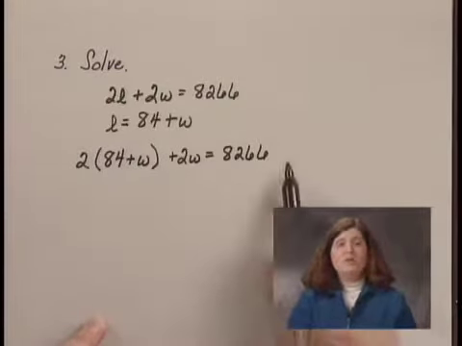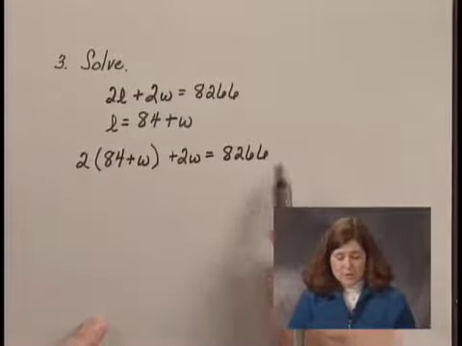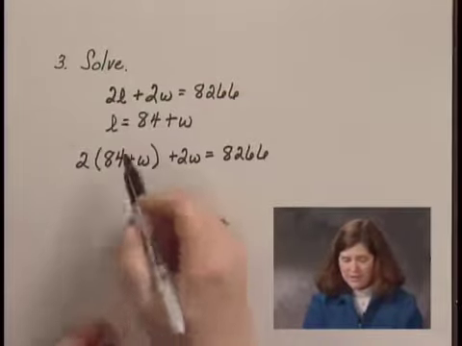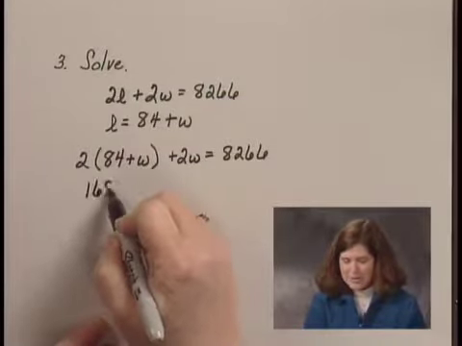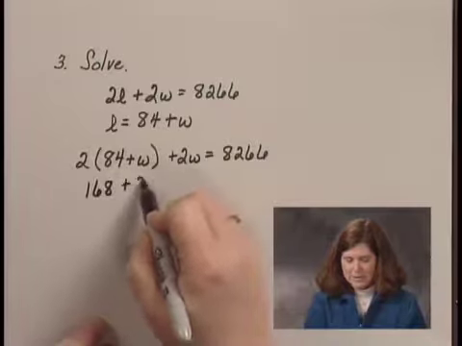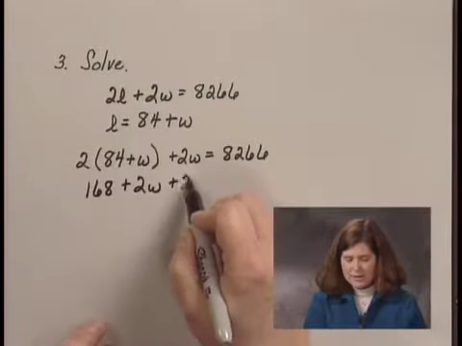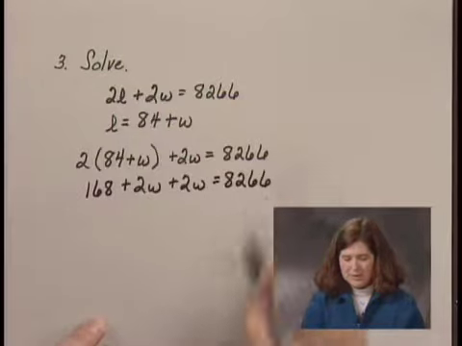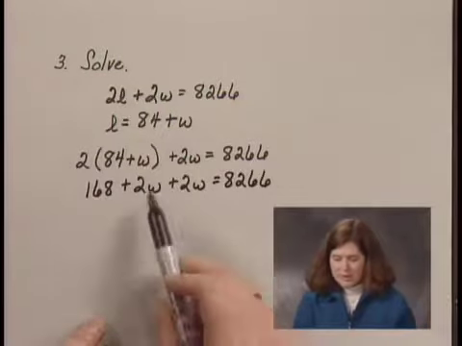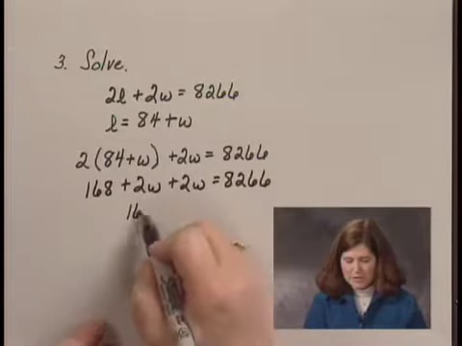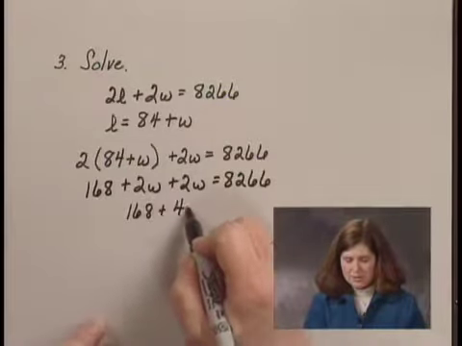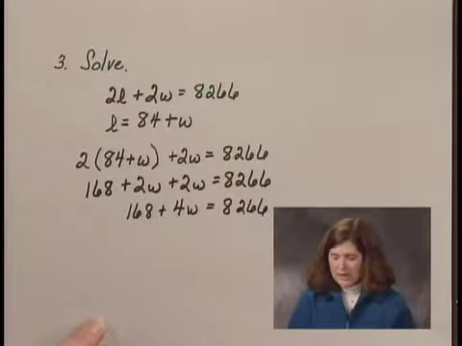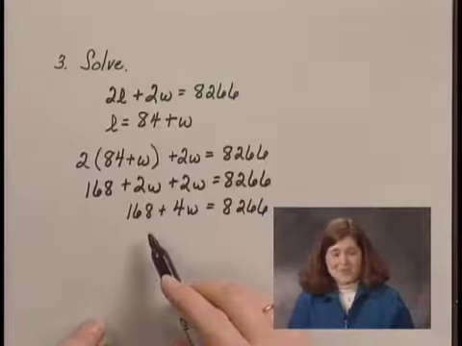Now I have an equation in which I have only one variable, W. I multiply across. 2 times 84 is 168 plus 2W plus 2W equals 8,266. And I can combine like terms and write this as 168 plus 4W equals 8,266. And then I need to subtract 168 from both sides.